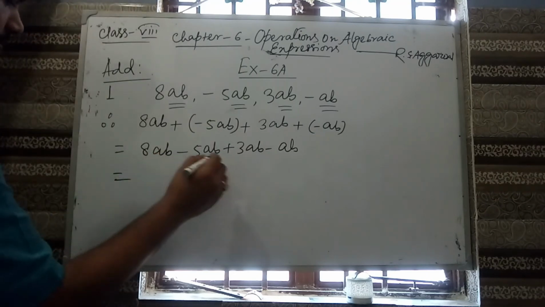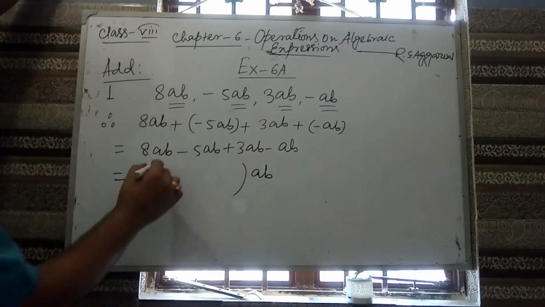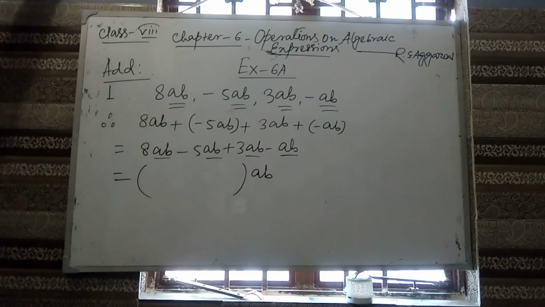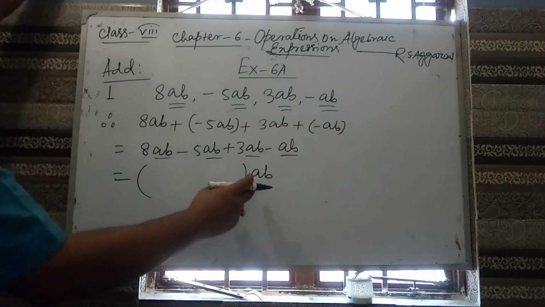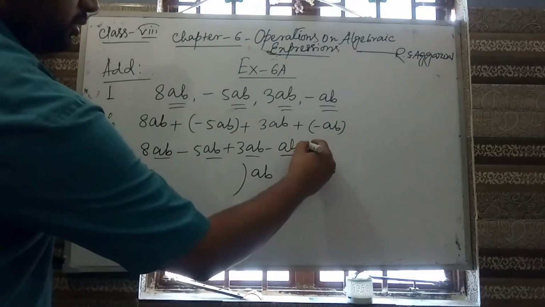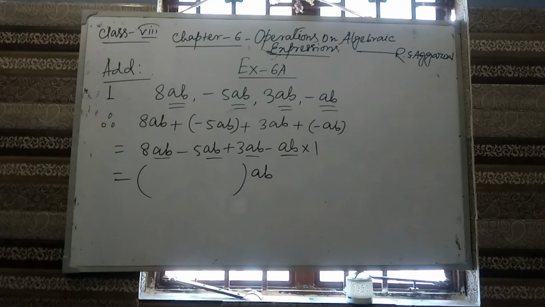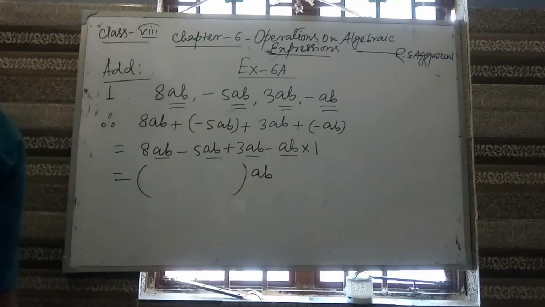Then what we have to do? We have to take AB common. AB is here, here, here, and here. And look at the last term. We have AB and we are taking AB common. When we did factorization, I told you that if you are taking the whole number common, we have to write it like this: the number into 1, so that 1 is left.